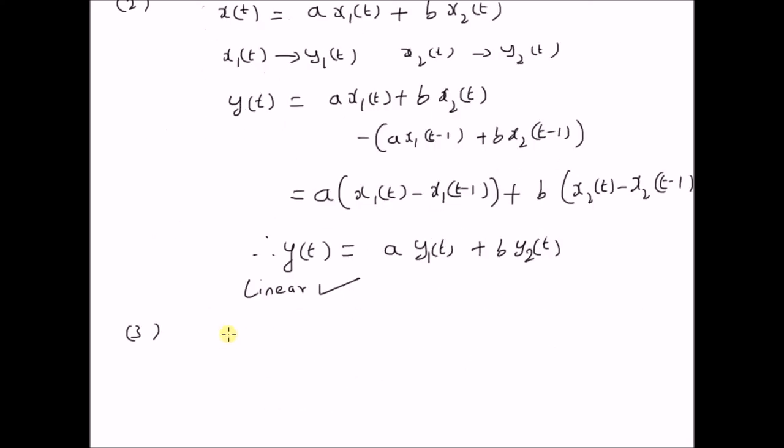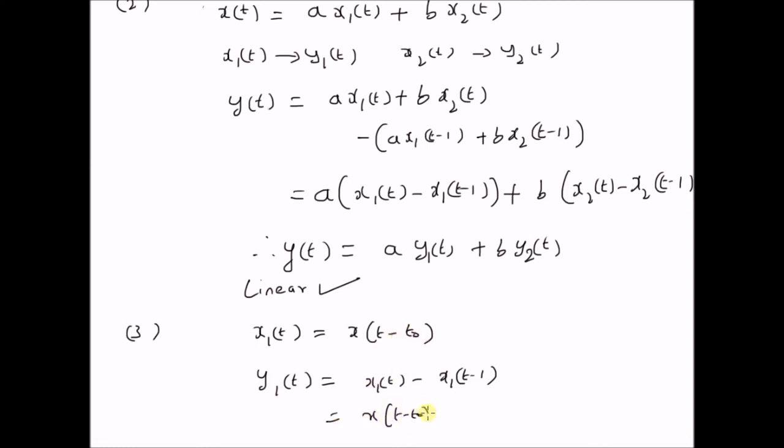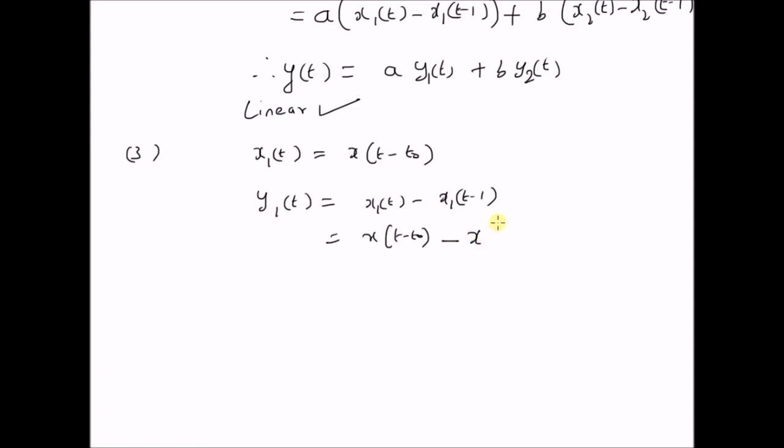Now we want to verify whether the system is time invariant. So consider input x1 of t equal to x of t minus t naught. Then y1 of t is given by x1 of t minus x1 of t minus 1, and by using the definition, we have x of t minus t naught minus x of t minus t naught minus 1.